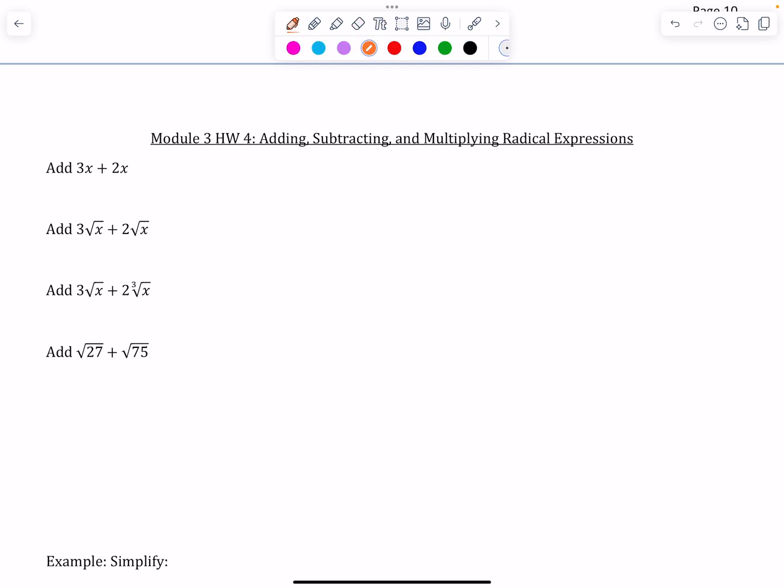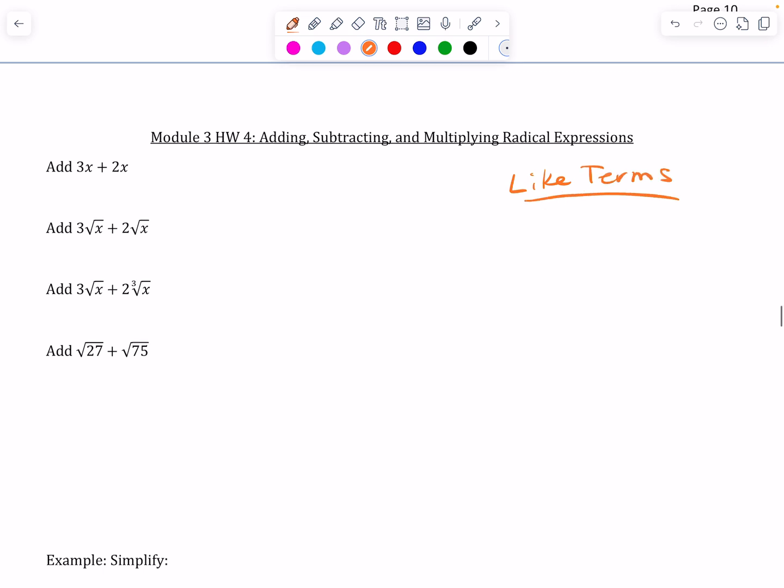So the first thing that I want to make note of is how we look for like terms. When we're talking about like terms, first we have to have matching variables. We have to have matching exponents.